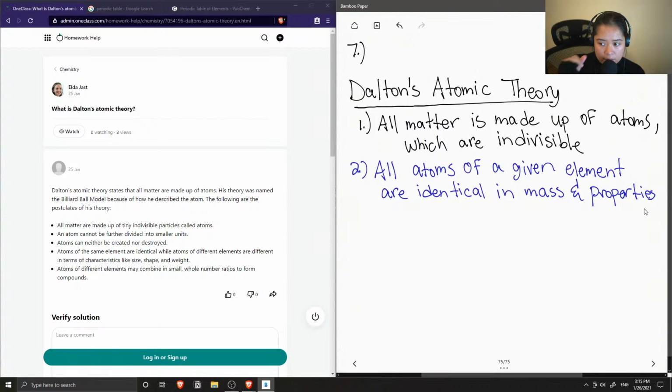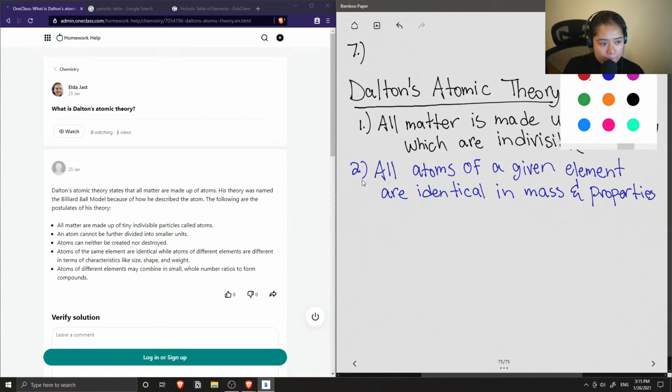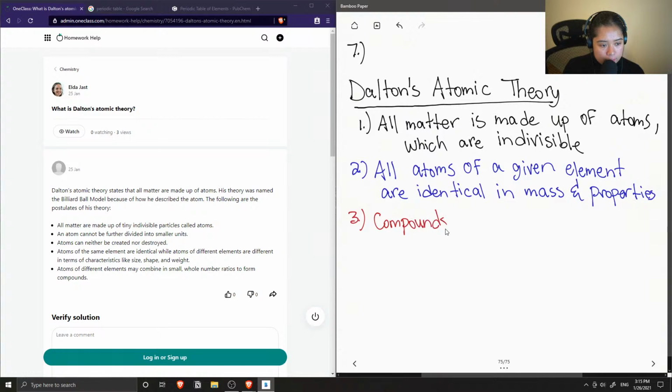So one carbon atom is identical to another carbon atom. And the third part of his theory is that compounds are combinations of two or more types of atoms.